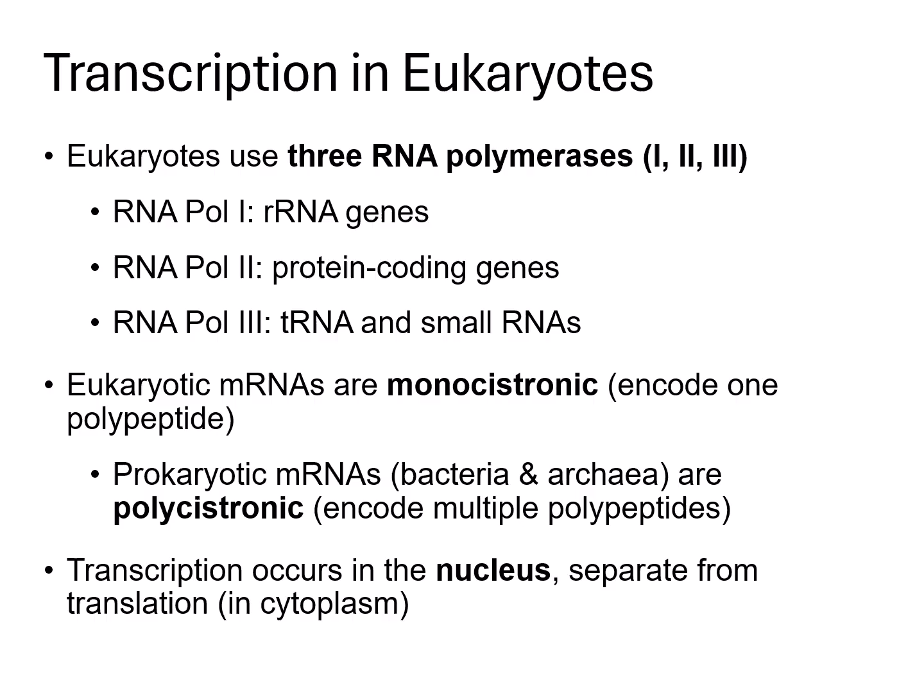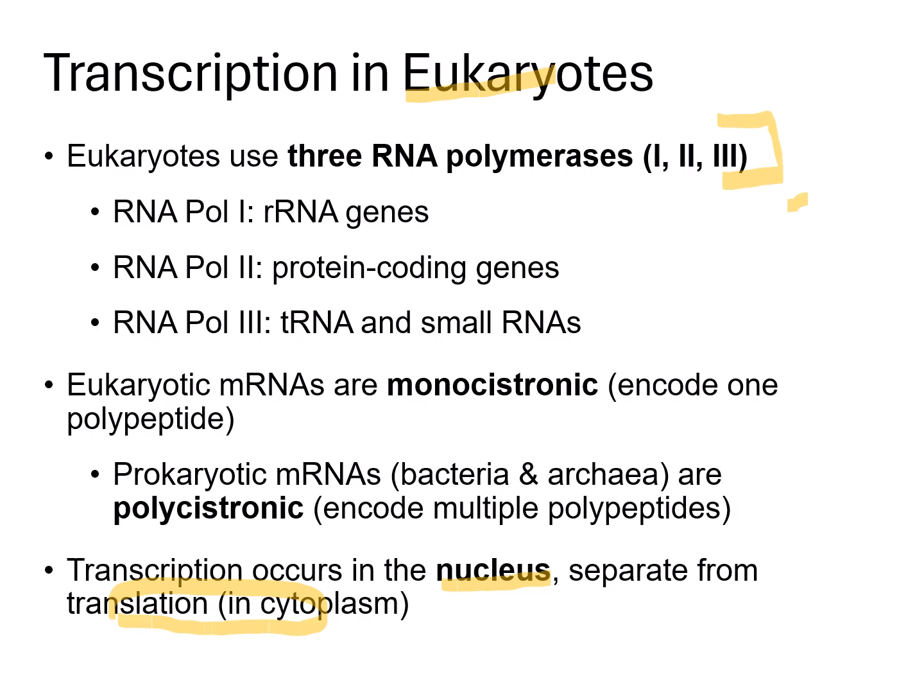Now let's switch gears and look at transcription in eukaryotes. It's more complex and will occur inside the nucleus. So later we'll also see translation, the process of going from mRNA to protein, will happen in the cytoplasm. But transcription in eukaryotes uses 3 RNA polymerases.